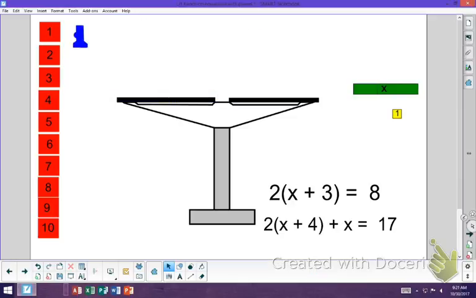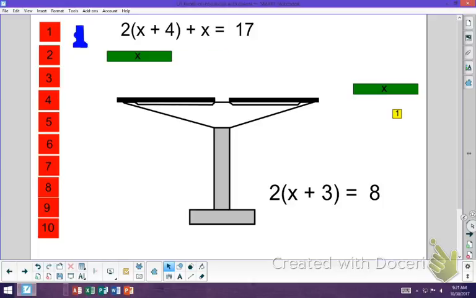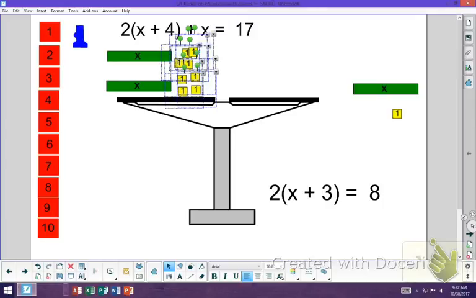Okay. So now we have two sets of x plus 4. So I'll get my one set up there. There's one set of x plus 4. This says I get to have two of them, so I'm going to put another set of x plus 4. Okay. So what I'm going to do is, so I can get these in quicker, I'm going to copy these.